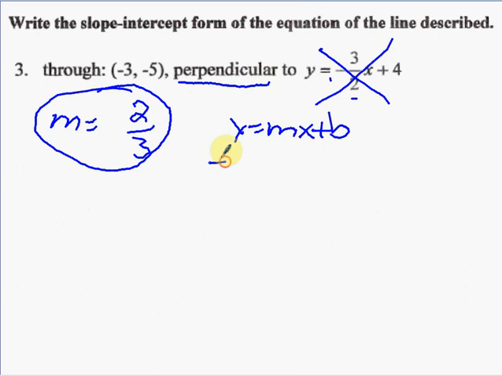Plug in my point. -5 is y. Slope we just figured out using the equation we were given. Okay. And I see that my 3's cancel each other out, and we're left with -1.